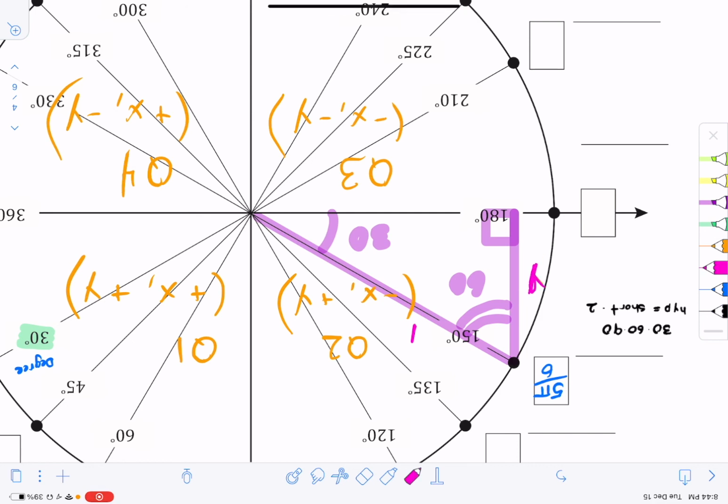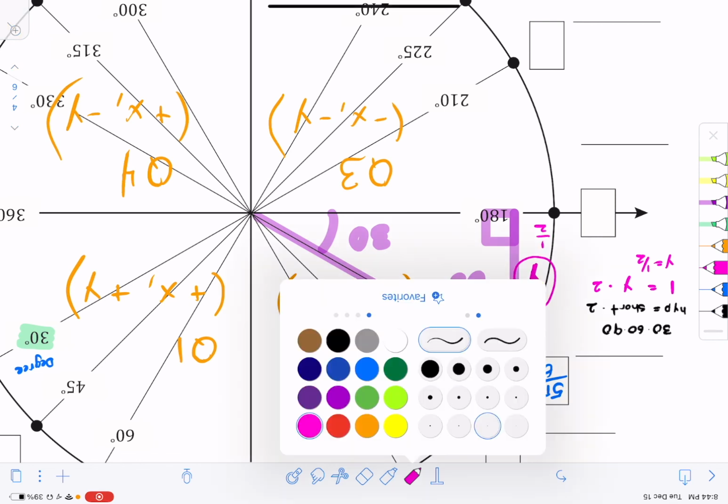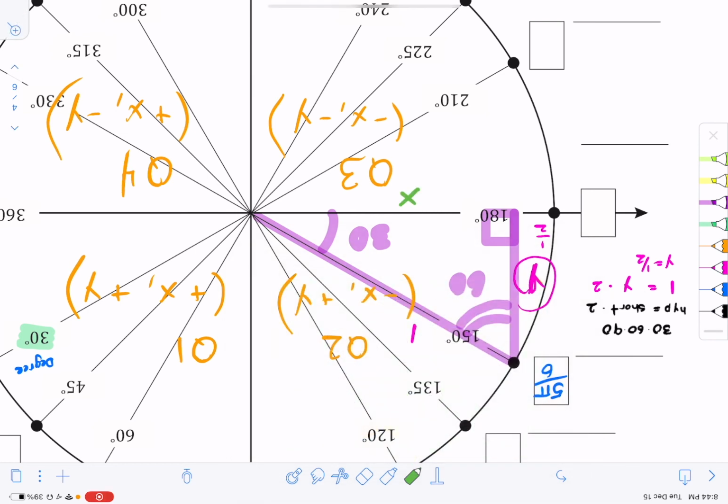Substitute in the value of the hypotenuse, which is 1. The short leg, I'm using a variable y, times 2. Divide both sides by 2. y is equal to 1/2. All right, so this value is 1/2. I'm going to label the last side, the long leg, as x.